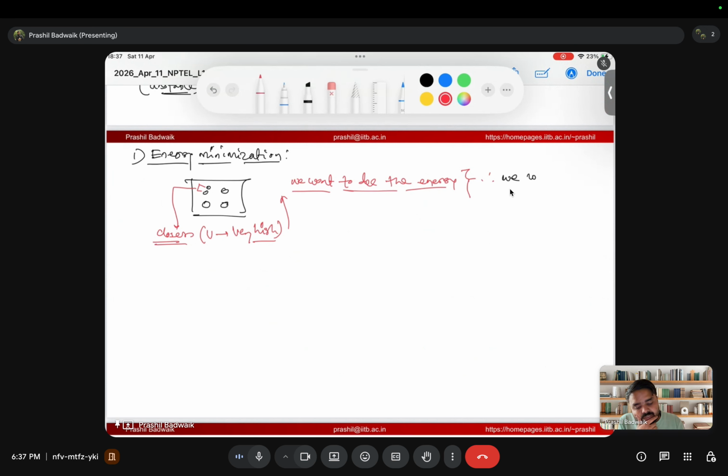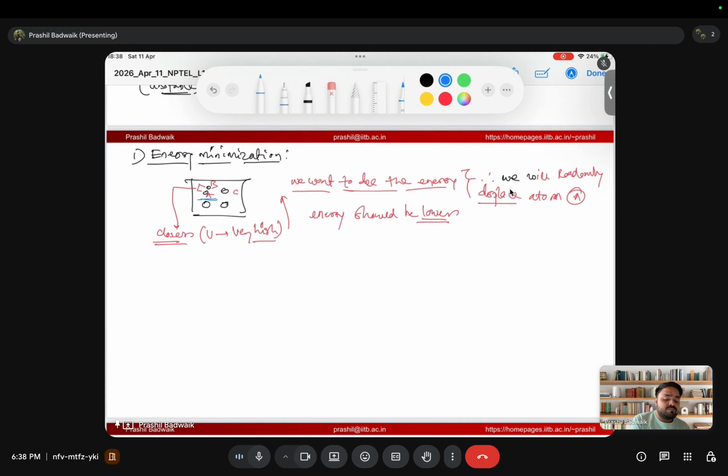Therefore, let's say this atom is A, this atom is B, this atom is C. We will randomly displace atom A or B, anything. I am considering A for the timing, such that the energy of the system is lower. Our objective is to decrease the energy. Now remember, if I am changing the location of B and I am keeping it close to C, again energy will be high.